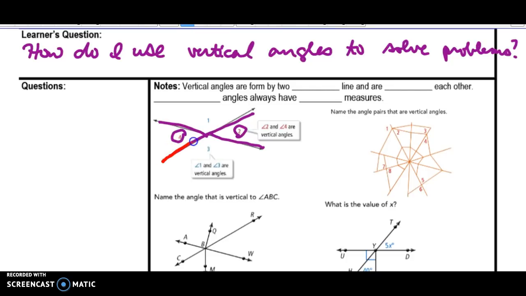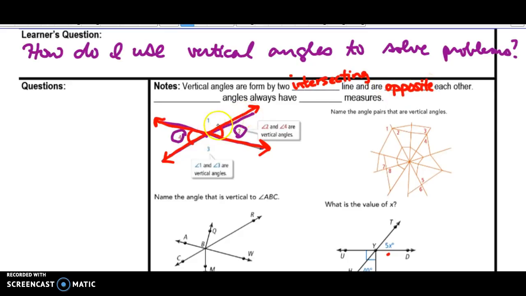If we look at this, it is one big long line and it's intersected by this long line and it forms these two angles. So the word we need in this first blank is intersecting. And I'm going to have to write it diagonally so I can fit it. So vertical angles are formed by two intersecting lines and they are opposite each other.